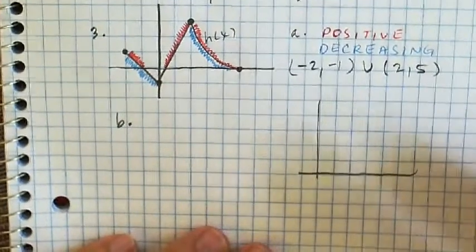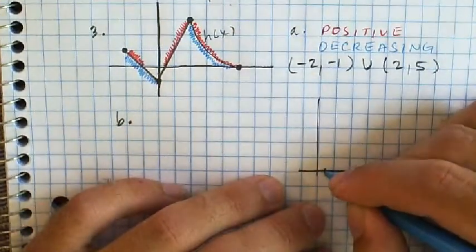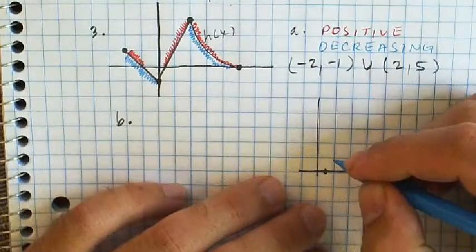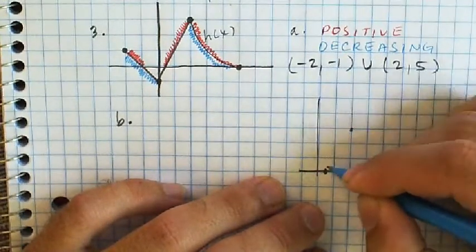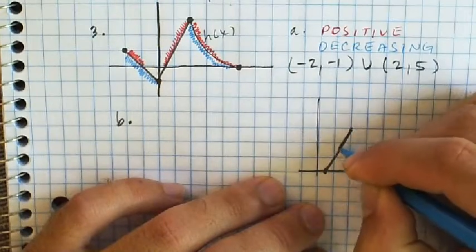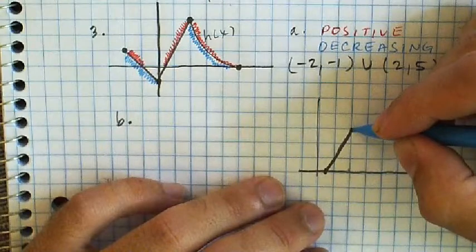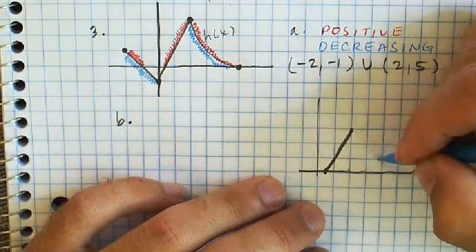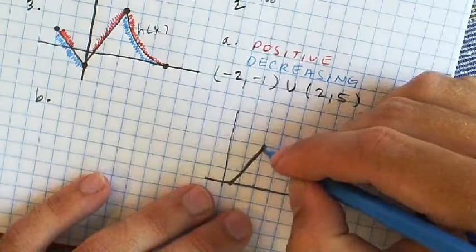I really only care about the first quadrant, right? So I'm going to say it starts here at 1/2, and then it goes up to 2, 3. And then there is a quarter circle all the way down to here.